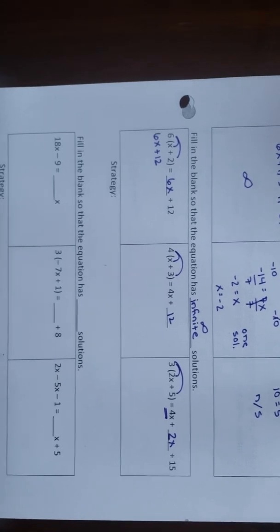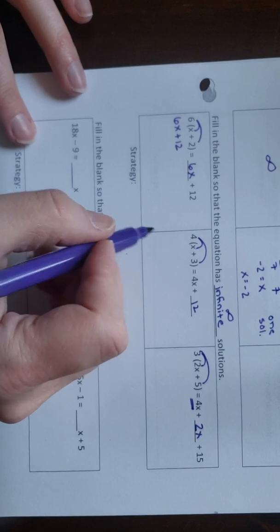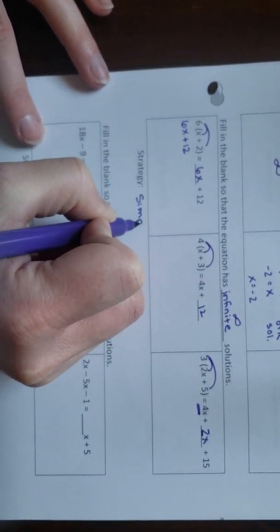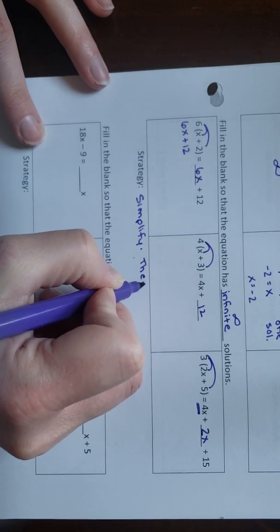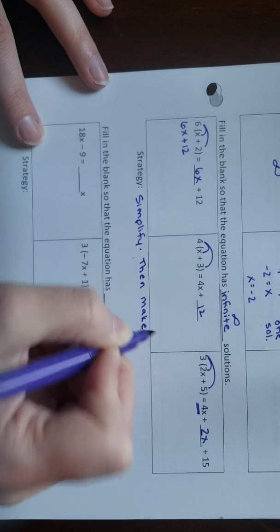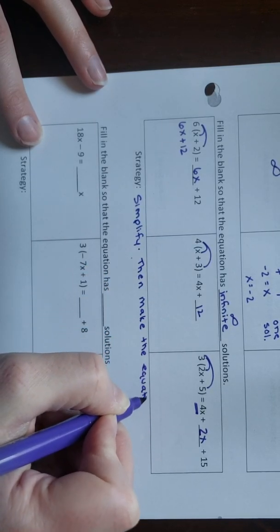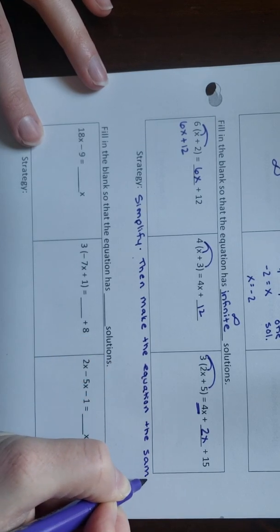Okay. All right, so my strategy is I simplify and make the equation the same on both sides.